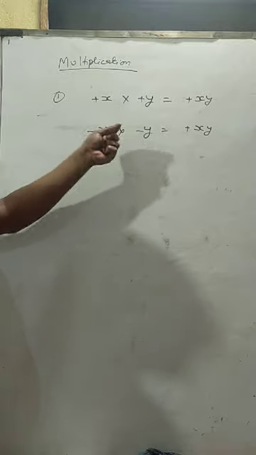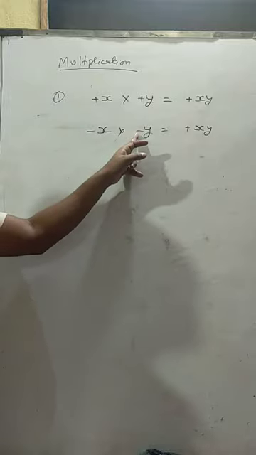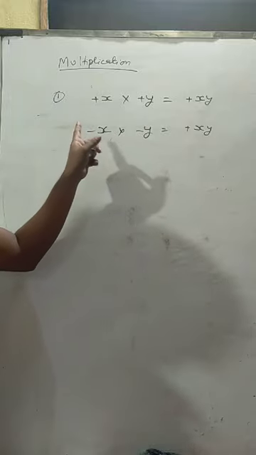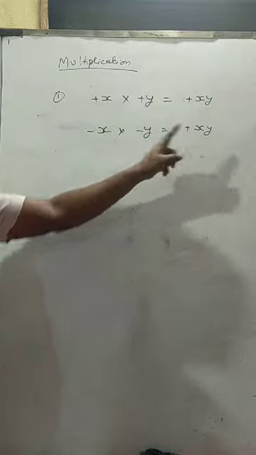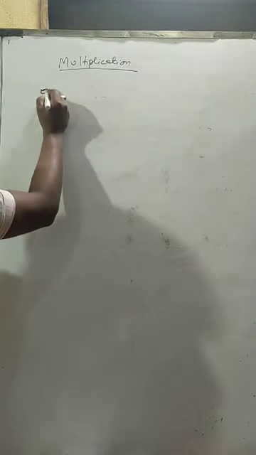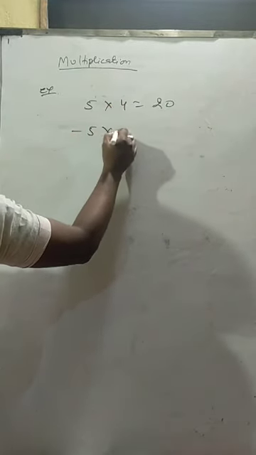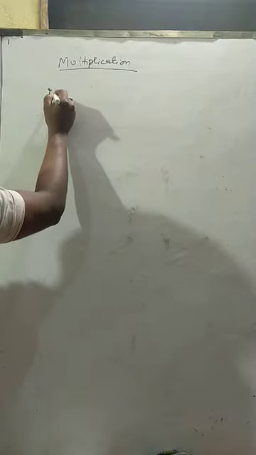That means the product of integers of the same sign will be positive. See the example. 5 into 4 is equal to 20, minus 5 into minus 4 is also equal to 20.